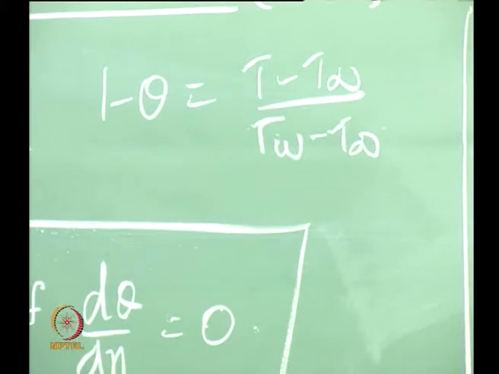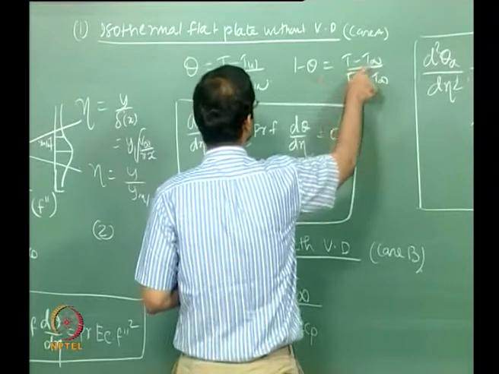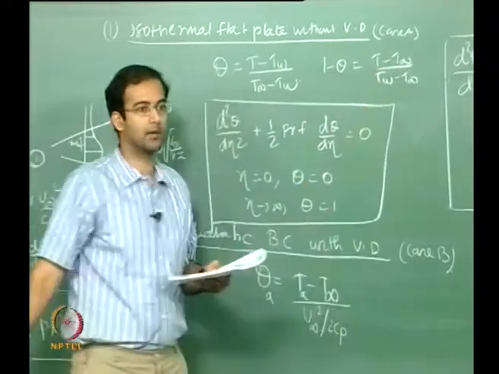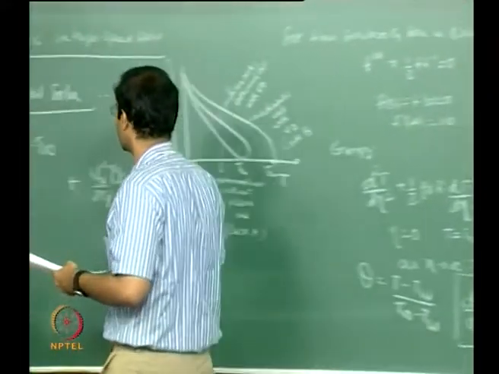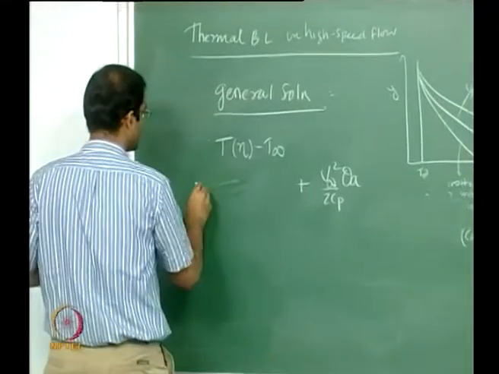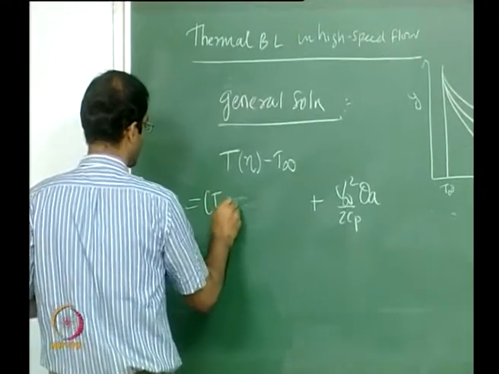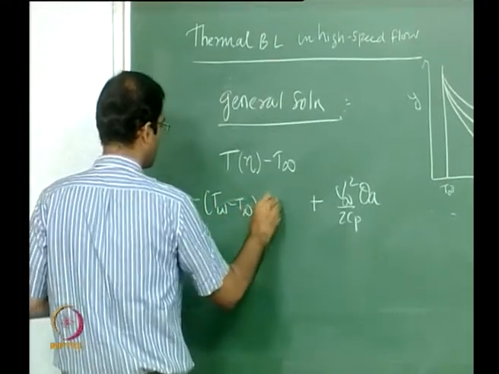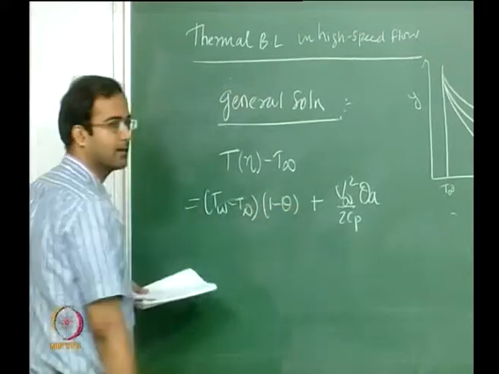The signs will flip. So I can write T minus T infinity as 1 minus theta into T wall minus T infinity, that is, T wall minus T infinity into 1 minus theta.